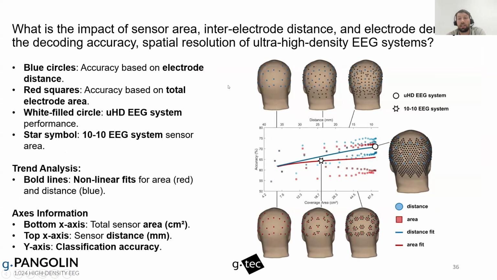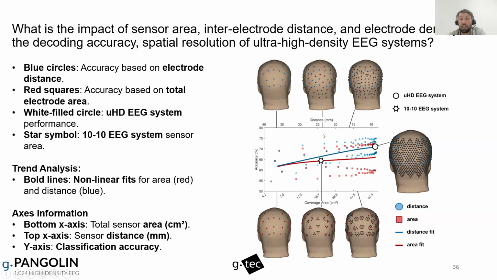You can see here on the right plot some example head plots marked in different steps of sensor distance. We have here from 40 millimeter high distance to 8.6, which is our g.Pangolin distance. And on the bottom x-axis, you can see the coverage area, which is from low to high. So we increased the coverage area, and the different head plots represent the different distances and coverage area in this figure.